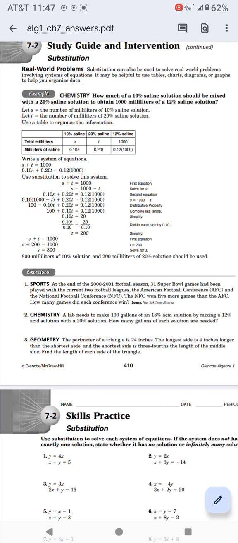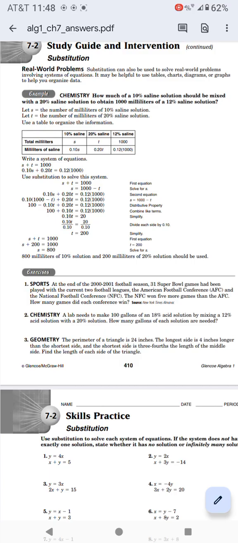How many gallons of each solution are needed? So the two elements are the amount that we need, and also the percentage of acid in each amount. So we have a 12% solution, a 20% solution, and an 18% solution.